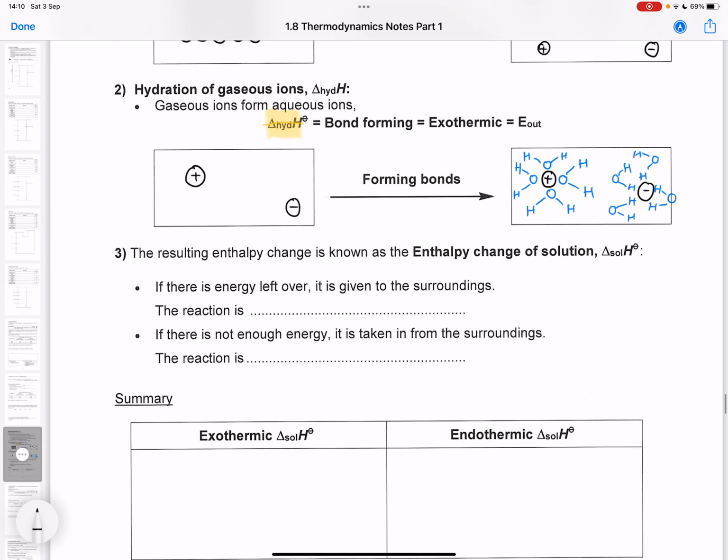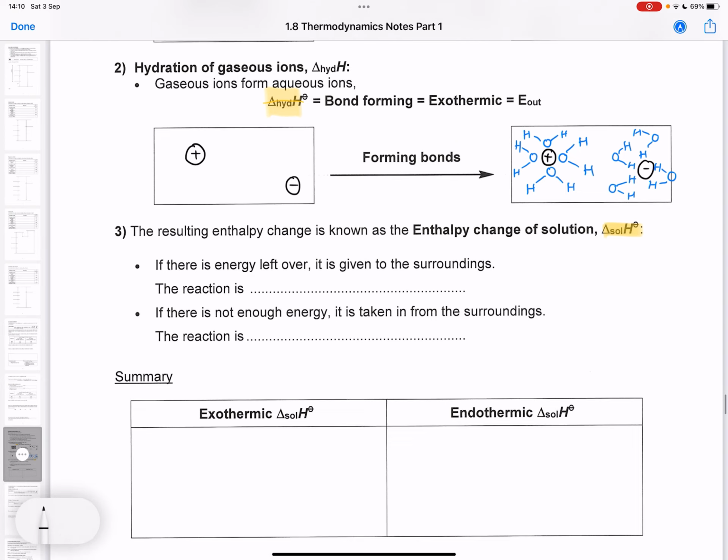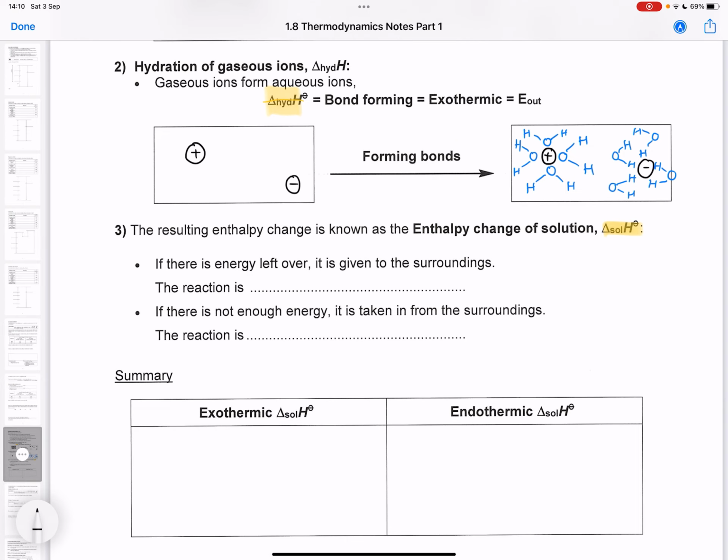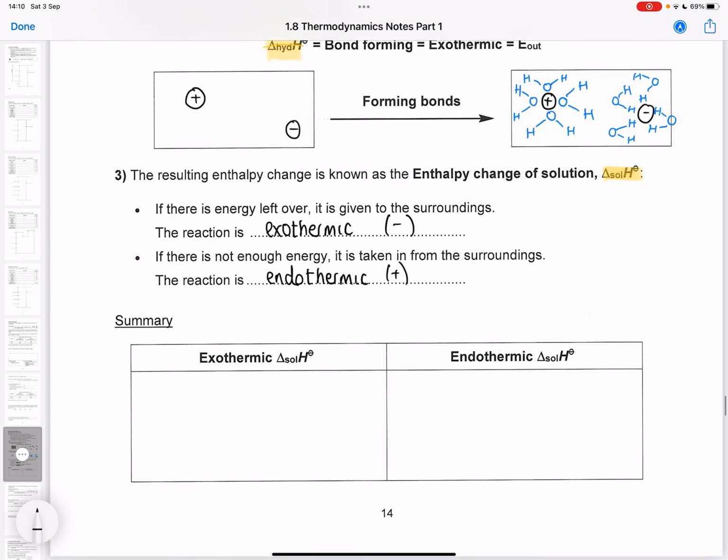So the enthalpy that results is called the enthalpy of solution. We'll just highlight that. If there's enough energy left over, it's given out to the surroundings. We'd say that reaction was exothermic. And if there isn't, we need to put energy in, and we say that reaction is endothermic. So exothermic out, endothermic in.